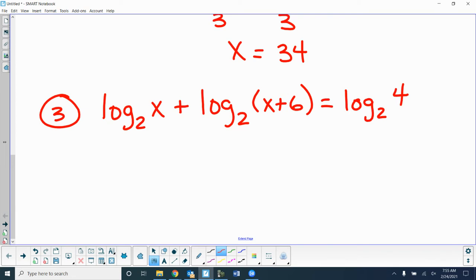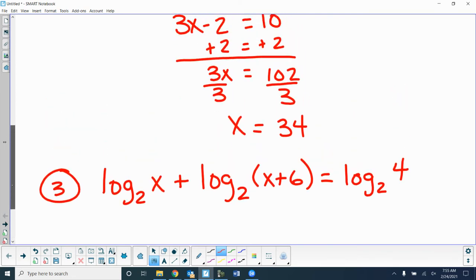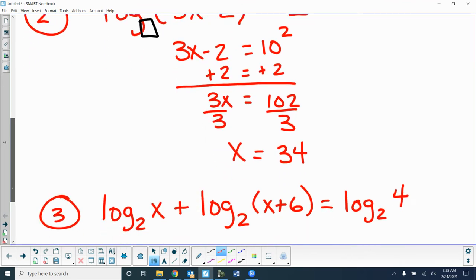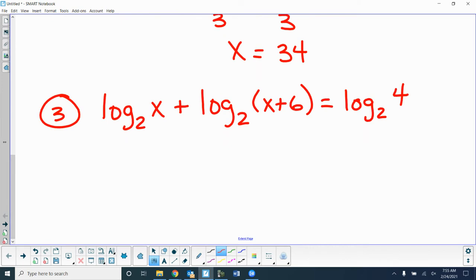The difference between 2 and 3: 2 is already a single log, so right away I can write the exponential equation. In number 3, I have to turn this into a single log first. I've got to condense it. And then I'll do what I did in number 2. Actually, I won't have to do what I did in number 2.